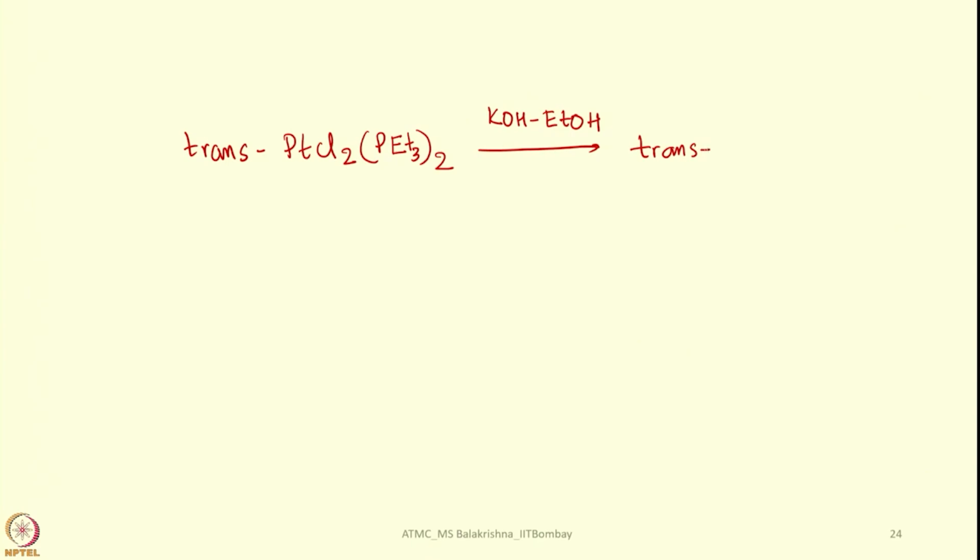For example, let us consider a platinum complex such as bis-triethylphosphine dichloroplatinum, a trans compound, and treat this one with KOH in EtOH, ethanol. This is also called alcoholic KOH. This gives selectively monohydride.